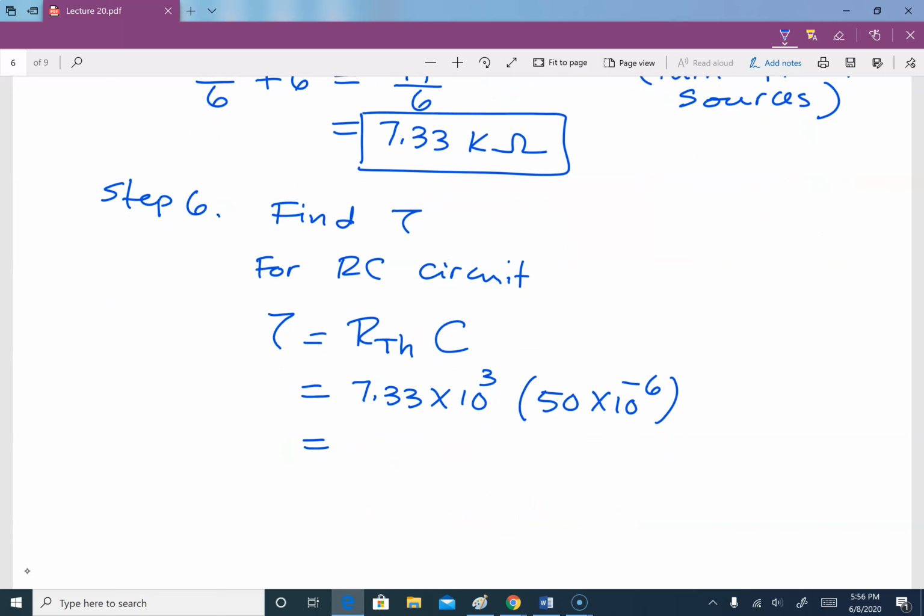And then our tau in this case is equal to 0.366 seconds.